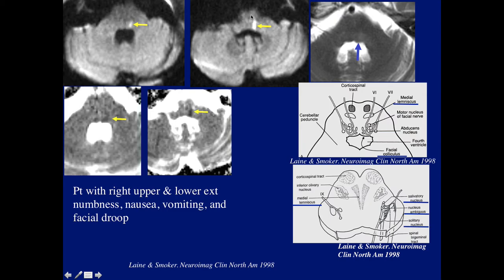We can see the stroke here in the medulla, again involving the facial nucleus here, and also by its position, you remember the medial lemniscus is the sensory tract for proprioception from the body. That explains why the patient had upper and lower extremity numbness. And the nausea and vomiting was again because of the involvement of the 9 through 11 nuclear columns, as we can see here.